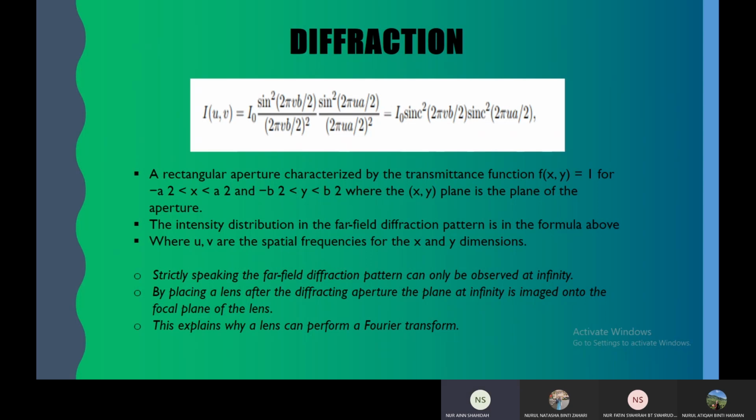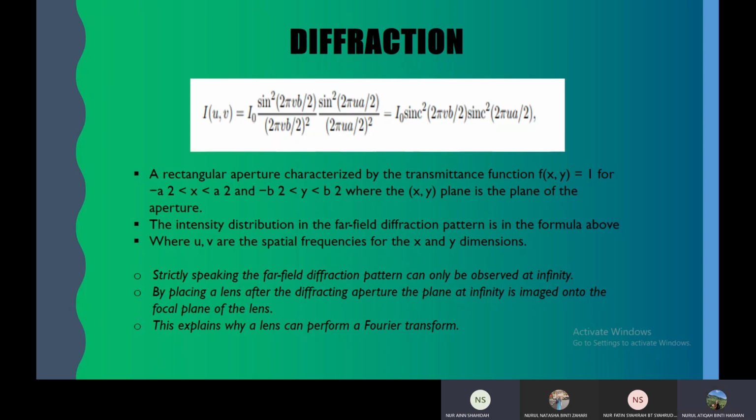Lastly, for diffraction, this is the formula. A rectangular aperture is characterized by the transmittance function for −a/2 to a/2 and −b/2 to b/2, where the xy plane is the plane of the aperture.